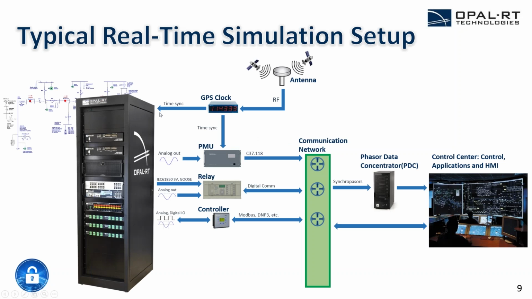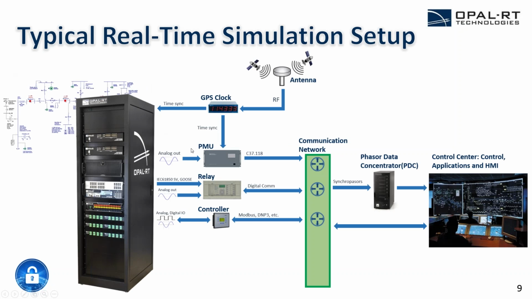And in the context of real-time simulation, what is a typical setup? What could be used as a test bed? Well, first off, you need a simulator. And what the simulator does is it essentially is capable of modeling a power grid, and that power grid needs to be able to interface with external hardware and systems.